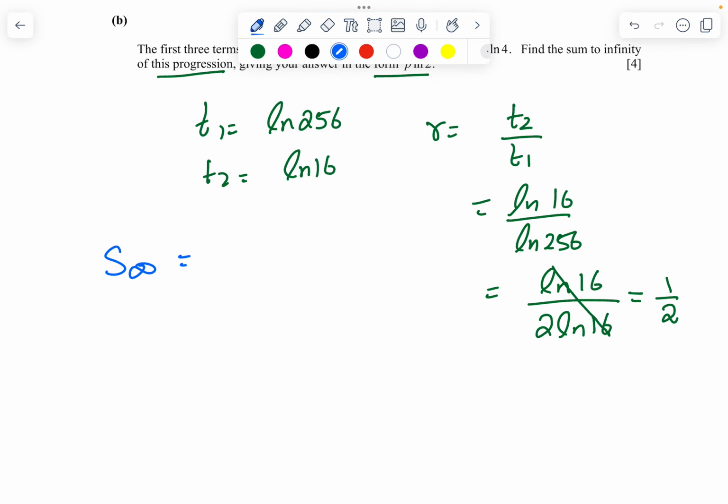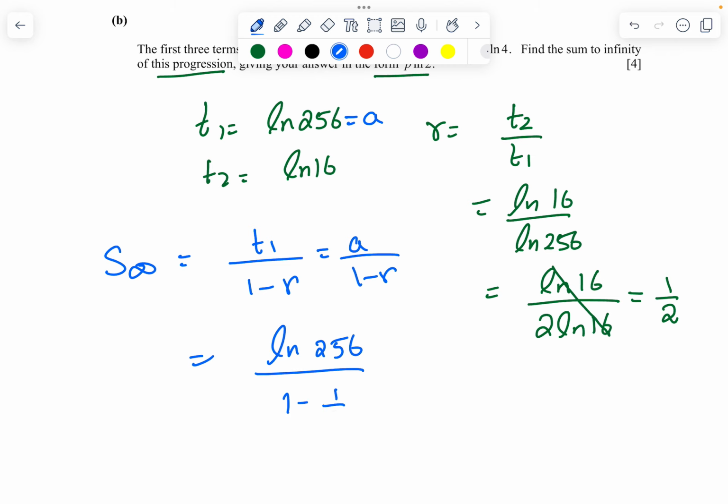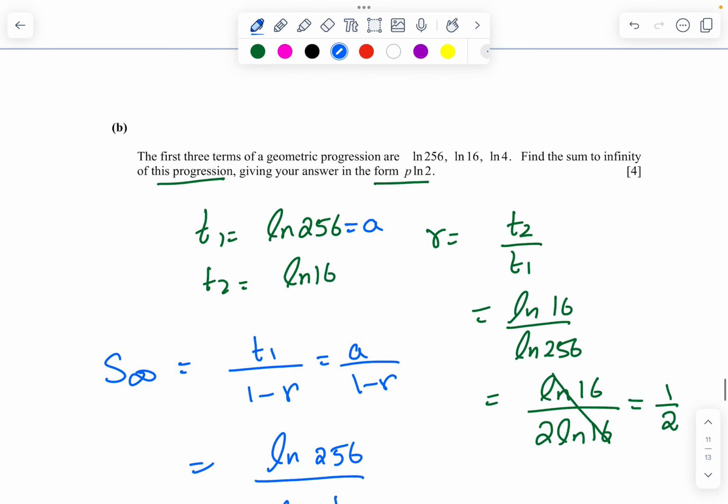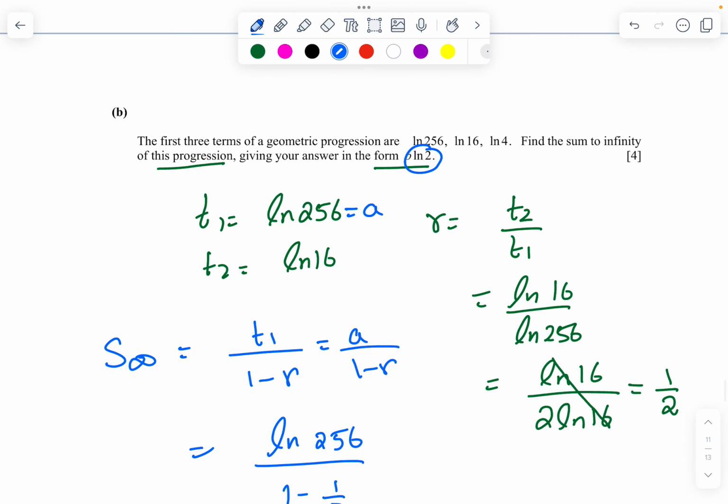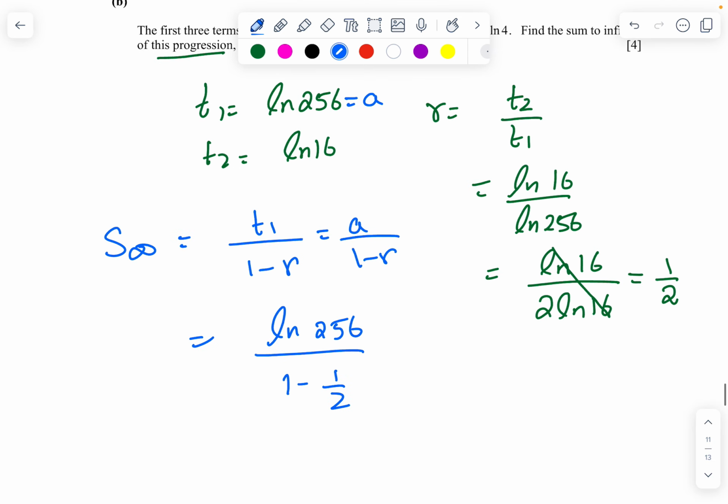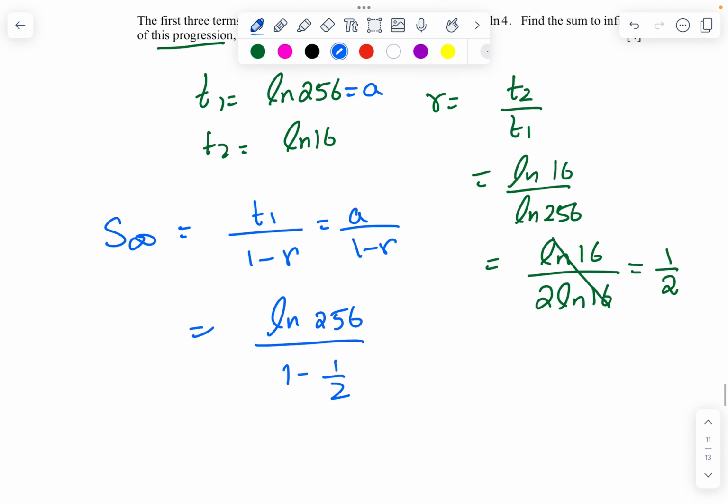So what is sum to infinity? T1 by 1 minus r, or a upon 1 minus r. So what is a? A is ln 256 divided by 1 minus 1 upon 2. What is he asking? To write in the form of p ln 2.